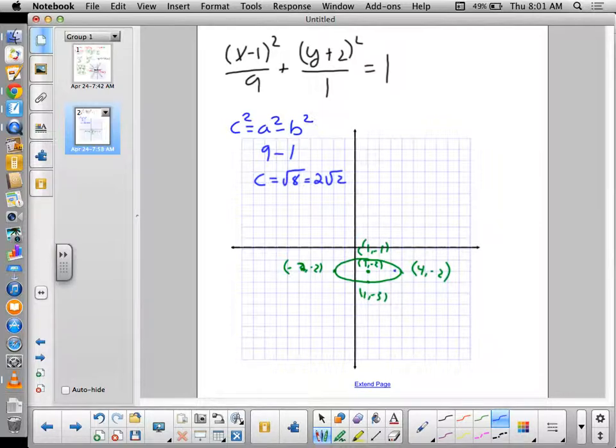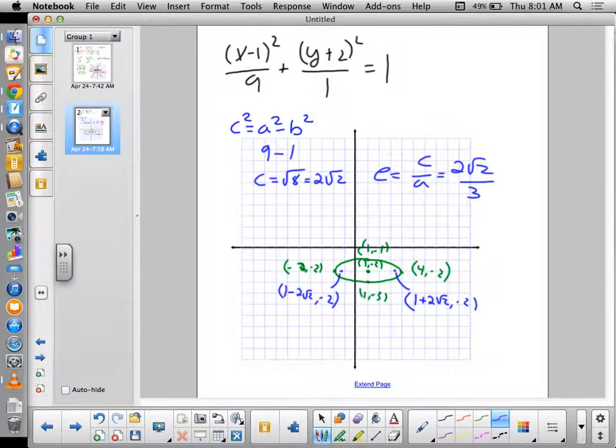So you have a focal point there and one over there. So this is (1 plus 2√2, -2) and this is at (1 minus 2√2, -2). The eccentricity is C over A, which is 2√2 over 3. It doesn't really simplify at all.